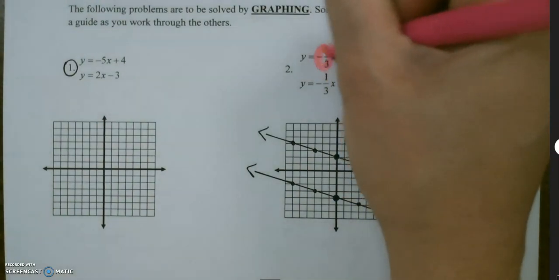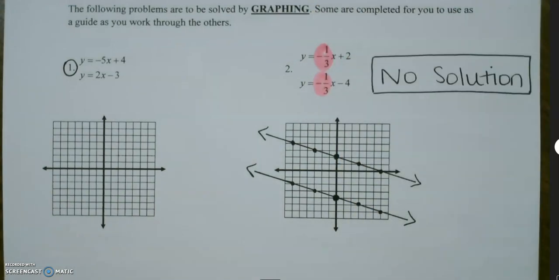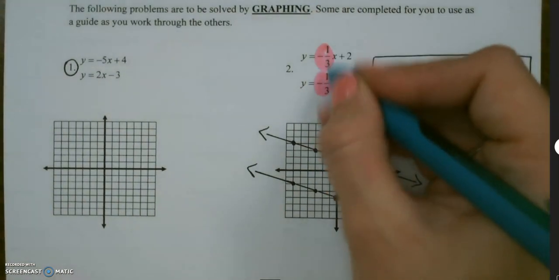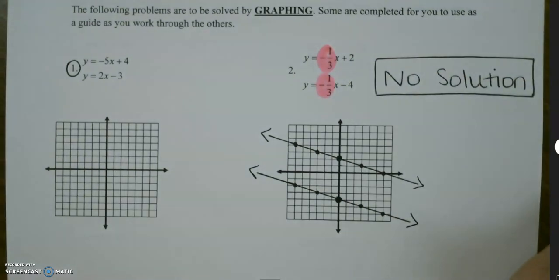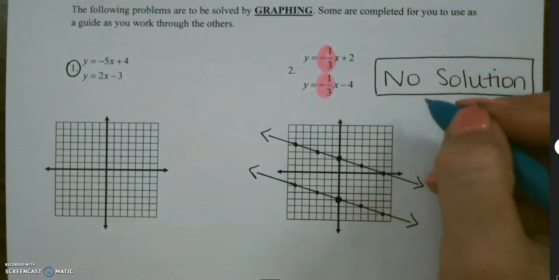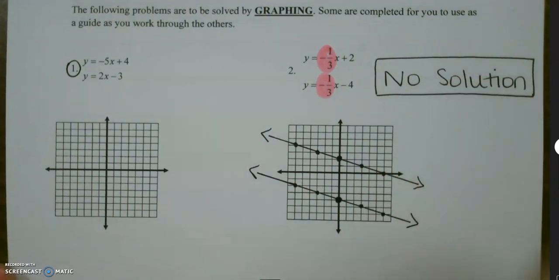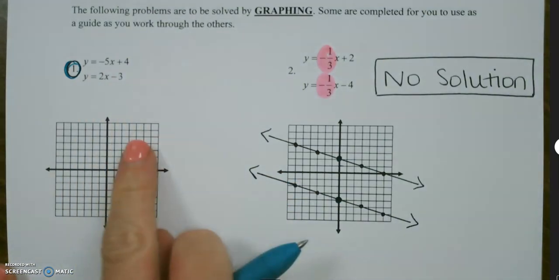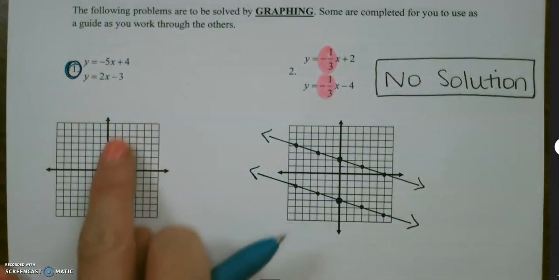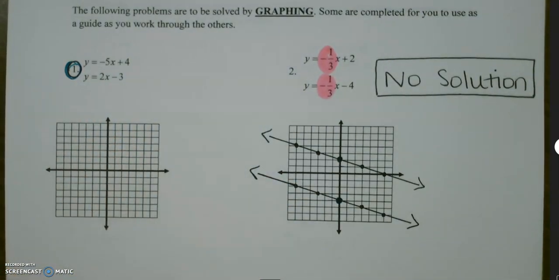So without even graphing this, we should have been able to make the conclusion that there would have been no solution because they have the same slope but different y-intercept. Therefore, the lines are parallel. Therefore, they never touch, so they have nothing in common. Okay, you're going to do example number 1 for your own practice, and we'll review that answer key tomorrow.